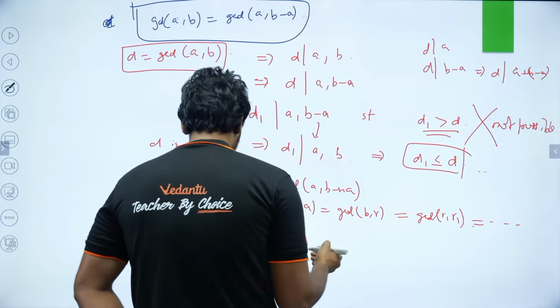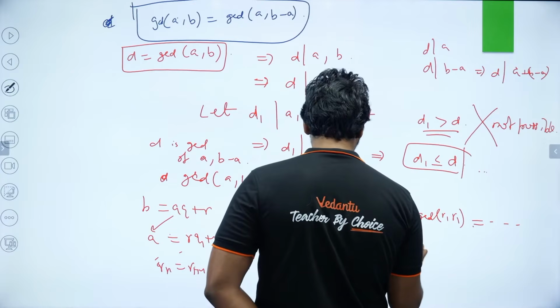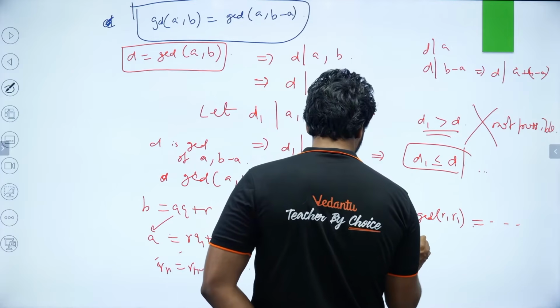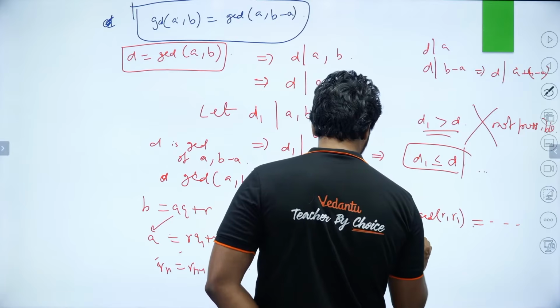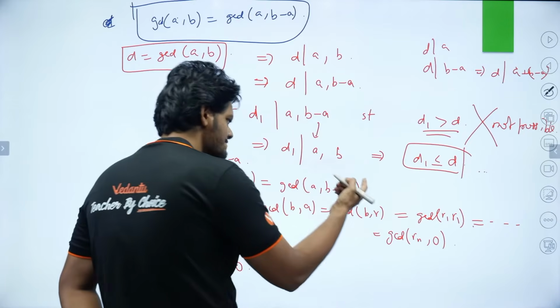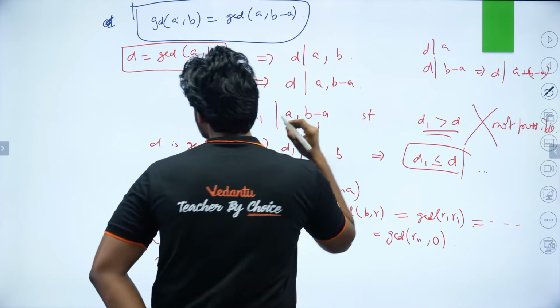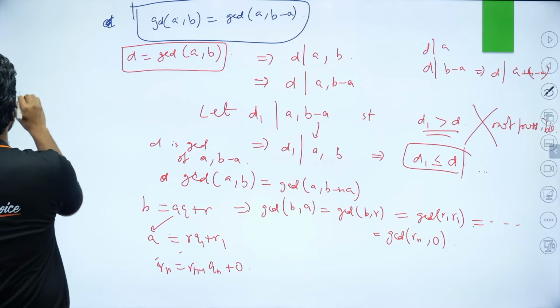So, when that happens, it is simply GCD of Rn comma 0, right. At the end, what is GCD of something comma 0?